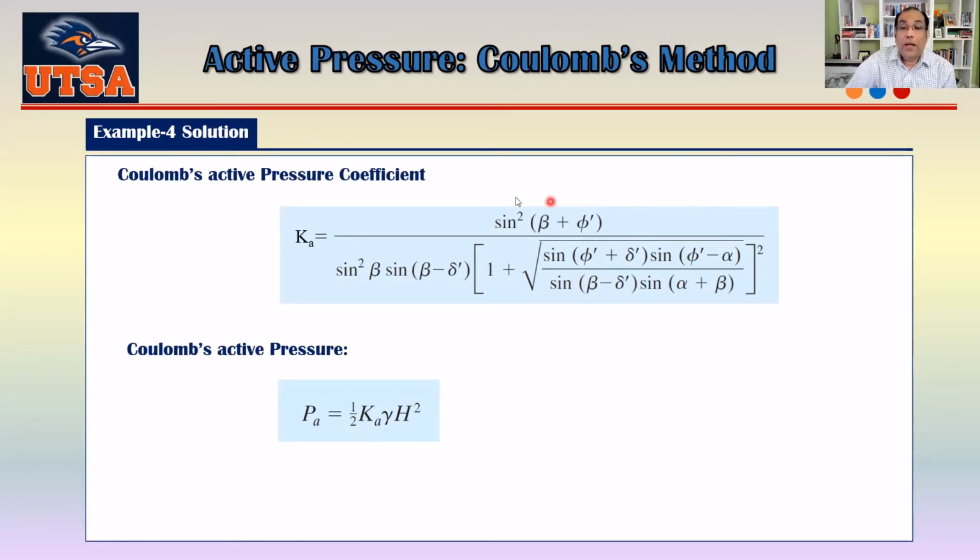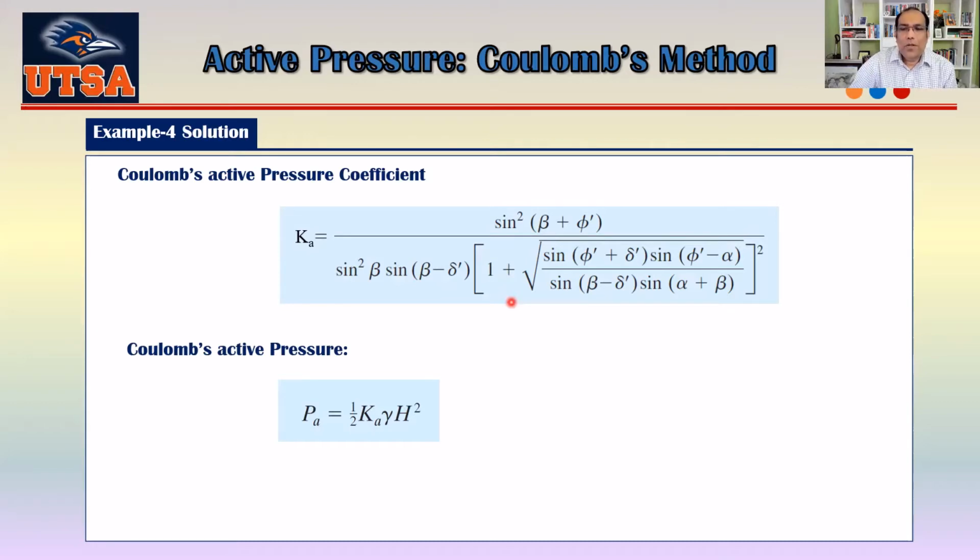The good thing is they put a table of that in your book, but they varied your delta prime only at 2/3 of your phi prime and half of your phi prime. If it is, let's say, 1/4 of your phi prime, then the table doesn't show you the results there. So basically, you have to use the formula to find out your Ka.